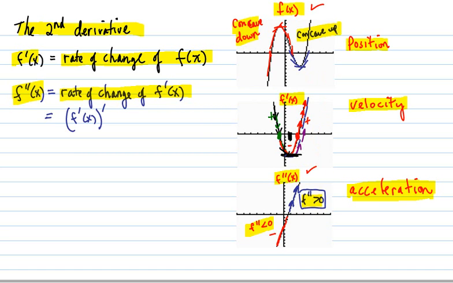And then there's only one more point we haven't talked about, and that's what happens when f double prime is 0 by way of changing from being negative to positive right here at this point. Well, we had an inflection point right here.